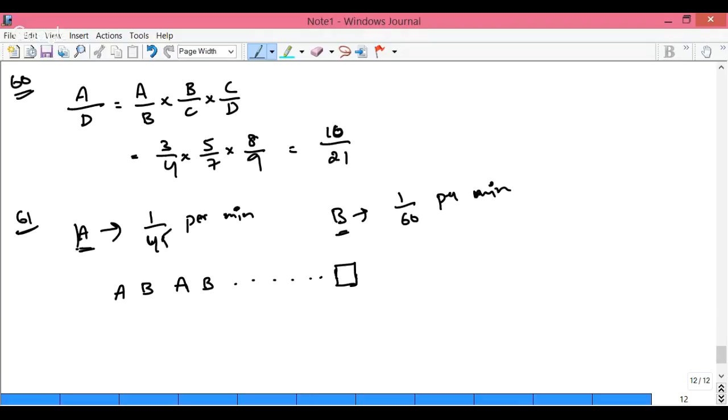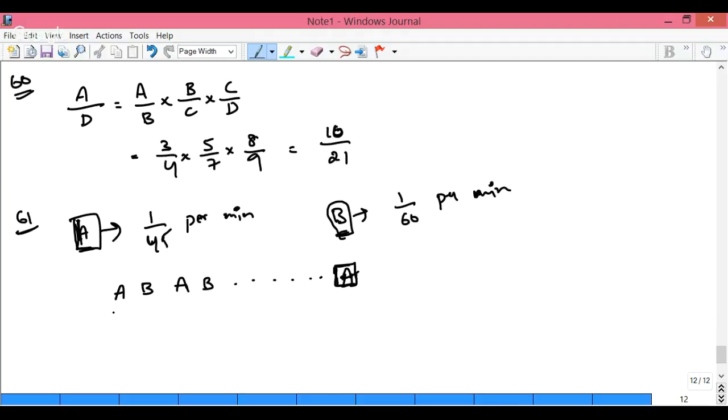It must be A, because while tap B is open, it is emptying the tank. We cannot say that the tank is completely filled when tap B is open. So the last work must be done by tap A. So fix it.